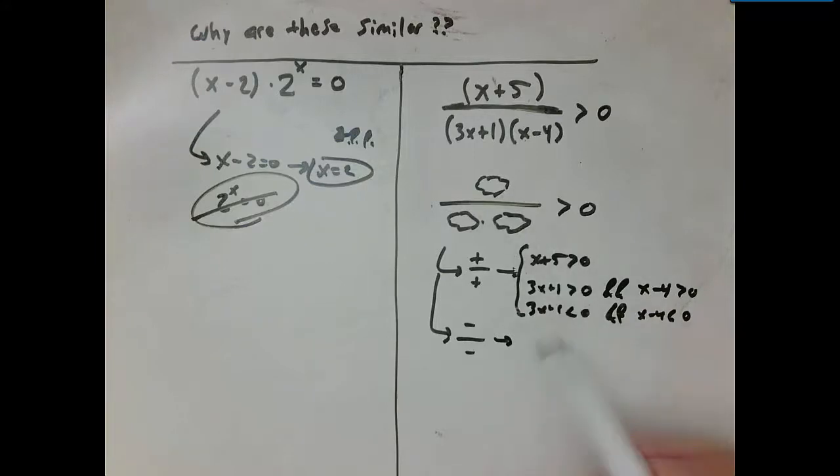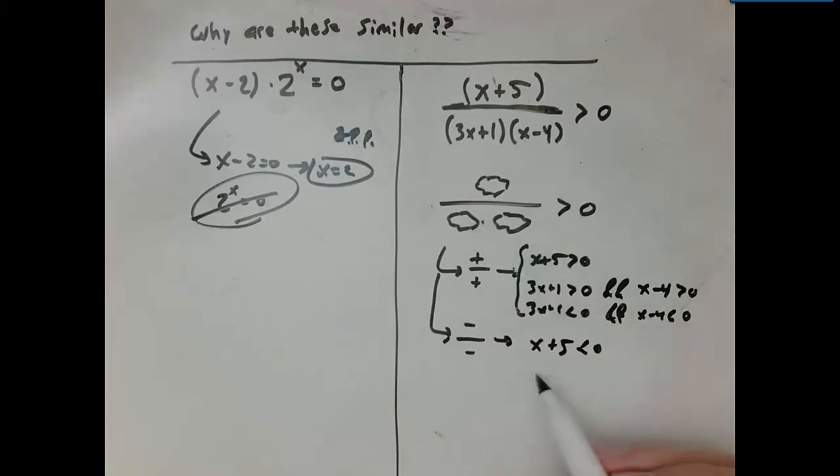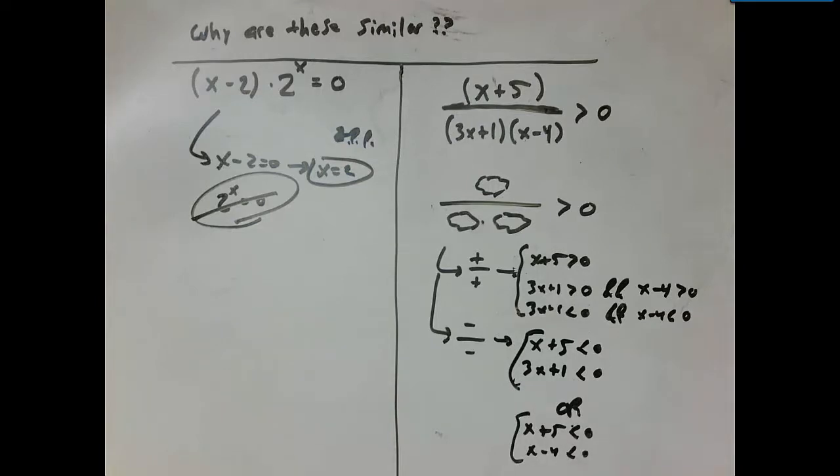For a negative number, for the numerator and the denominator both being negative, you'd have to have that x plus 5 is less than 0, and also exactly one of those two being negative. So 3x plus 1 being negative. So either this or x plus 5 is negative and x minus 4 is negative. So I think that covers all the possible cases.